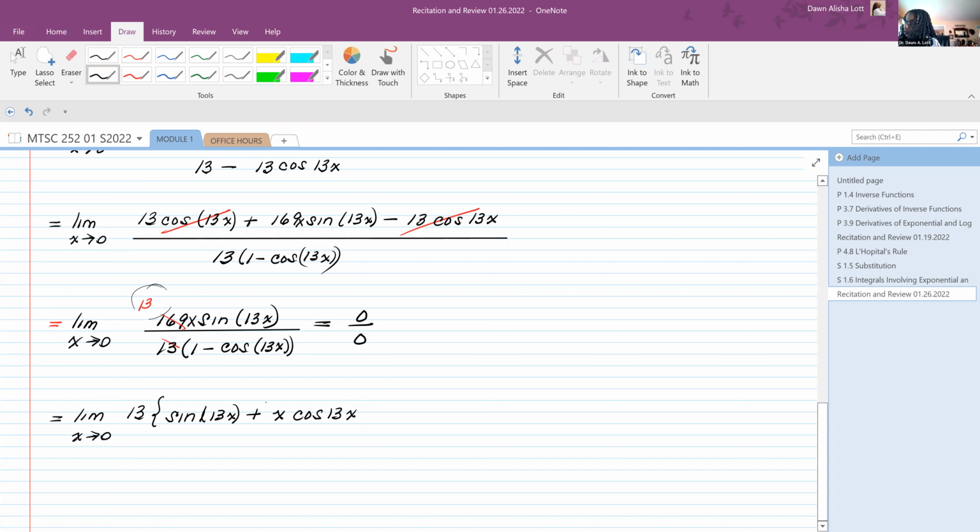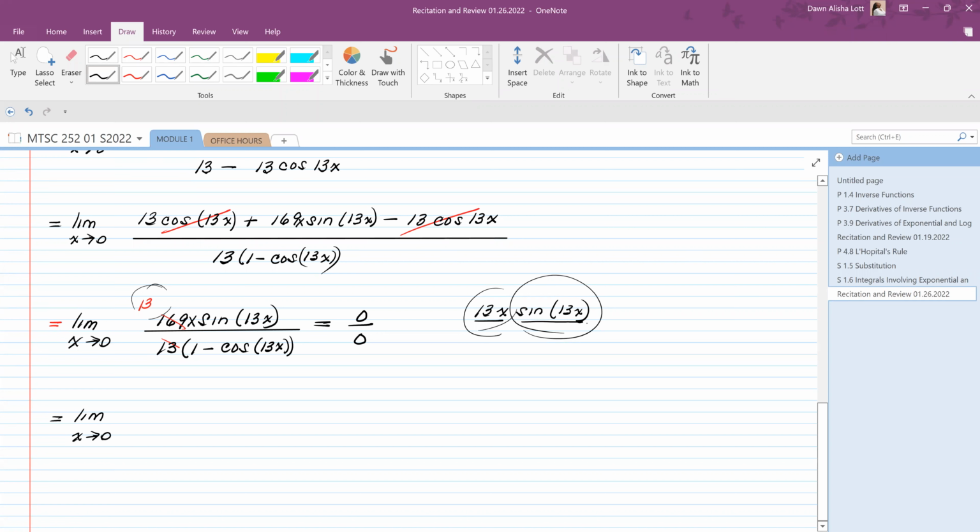That multiplies the whole thing, right? So what did you do? You had 13x times the sine of 13x, right? Can you do your derivative, please? This is one function and this is another?